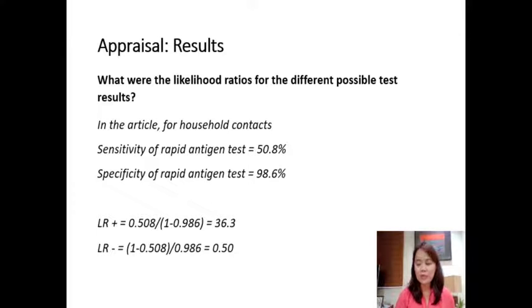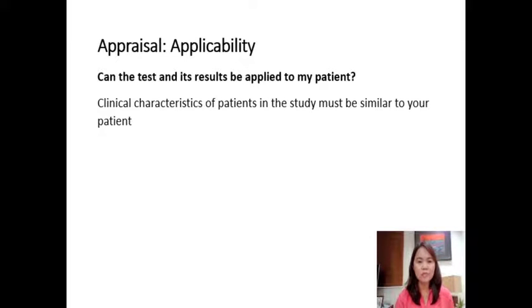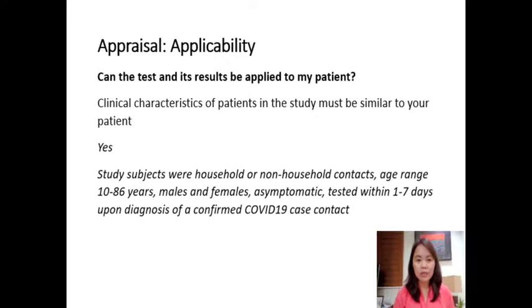Okay? So now we will proceed with appraising the applicability of the results to our patient. The first question that you have to ask is, can the test and its results be applied to your patient or to our patient? Here we must consider the clinical characteristics of the patients in the study, which must be similar to your patient.